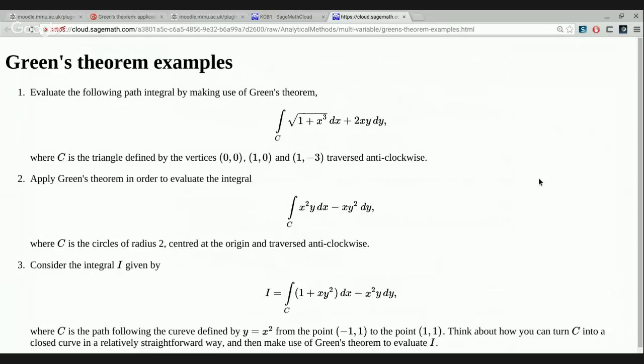In this first one, we're asked to, I'll just copy it down, integrate this linear form: the square root of 1 plus x cubed dx plus 2xy dy.